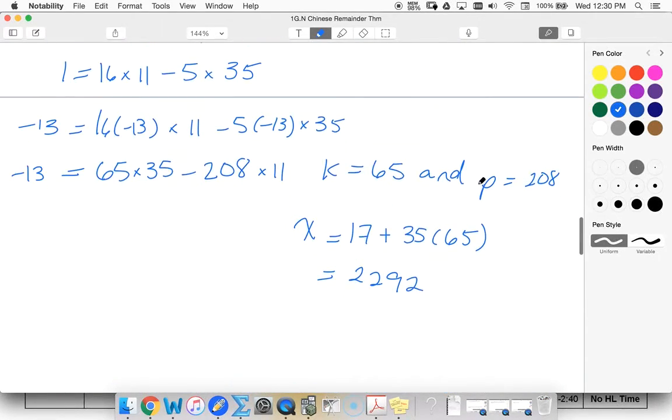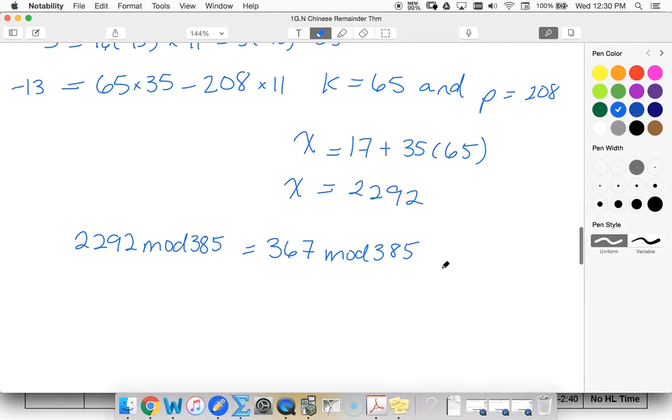So converting this, I've got one general solution, 2,292, but I could also convert 2,292 mod 385, and that's going to end up giving me 367 mod 385.